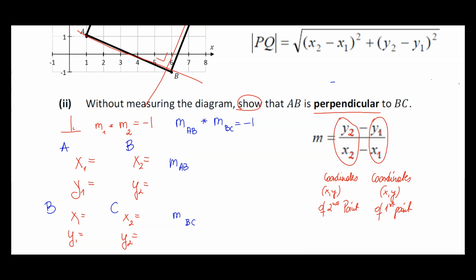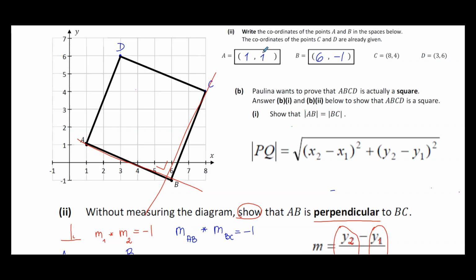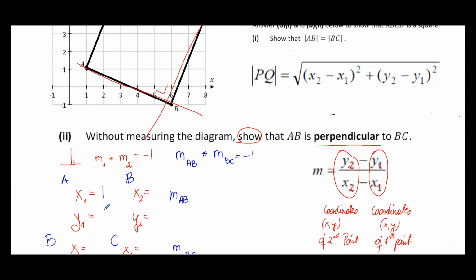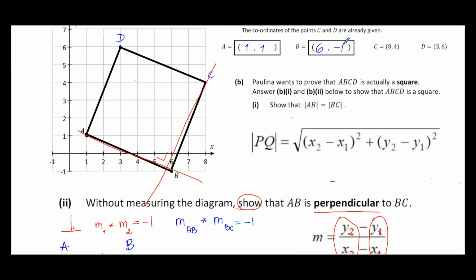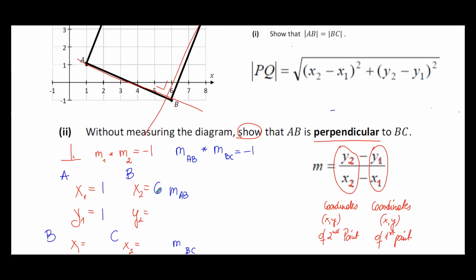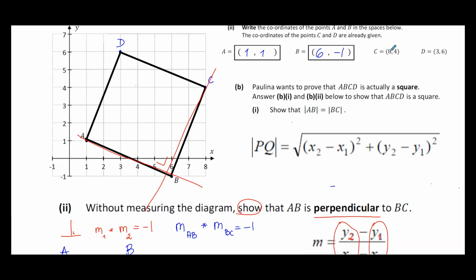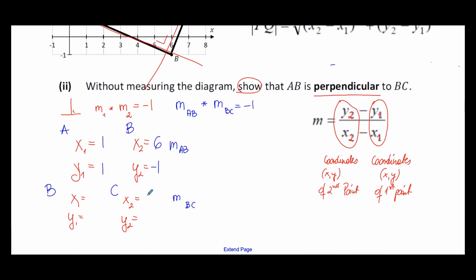Coordinates of A were 1 and 1, coordinates of B, 6 and -1, and then coordinates of C, 8 and 4, and again B here, 6 and -1.